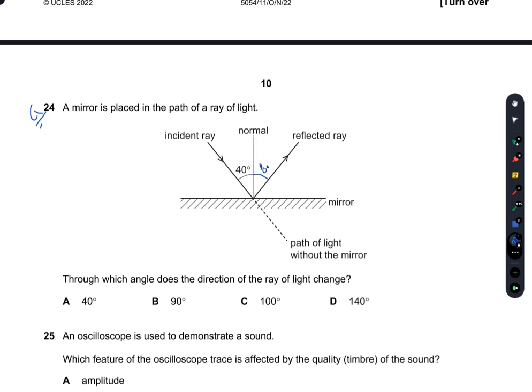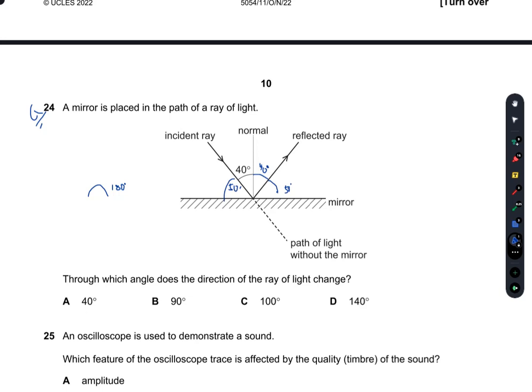This angle will also be 40 degrees, and there should be a total of 180 here. So if this is 40, it should be 50 here. 50 should be the angle here, and similarly 50 should be the angle here.